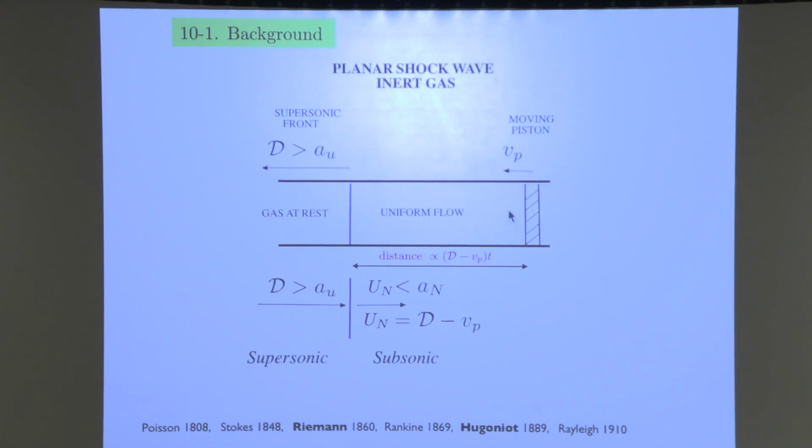So as soon as the wall is put in motion, all the gas close to the wall follows with the same velocity. But far ahead, the gas is at rest. So you cannot say that all the column of the gas, if the column is infinite, is immediately set in motion by the starting motion of the piston.